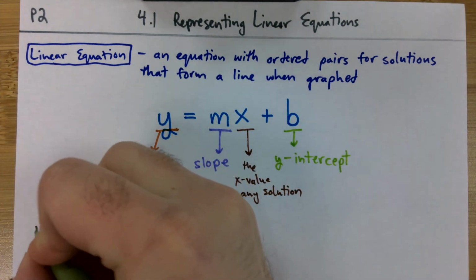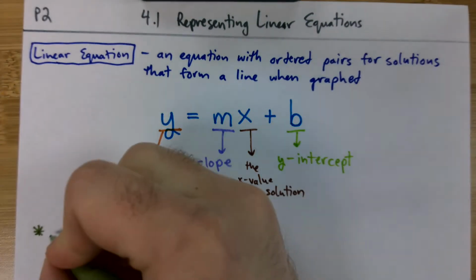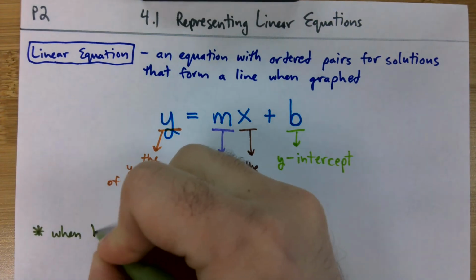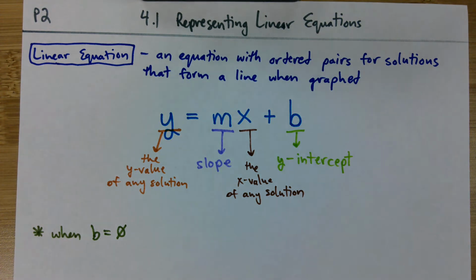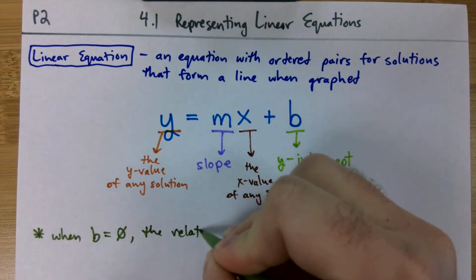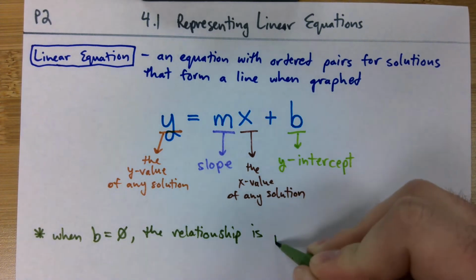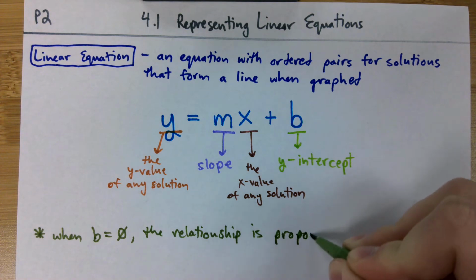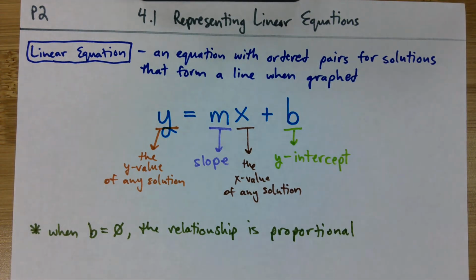Go ahead and add in a little note here. When b is equal to 0, the relationship is proportional.